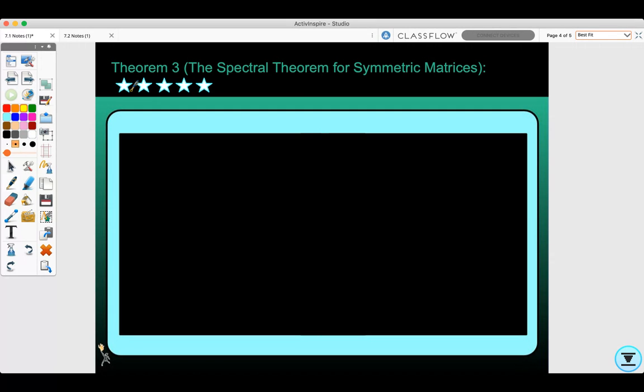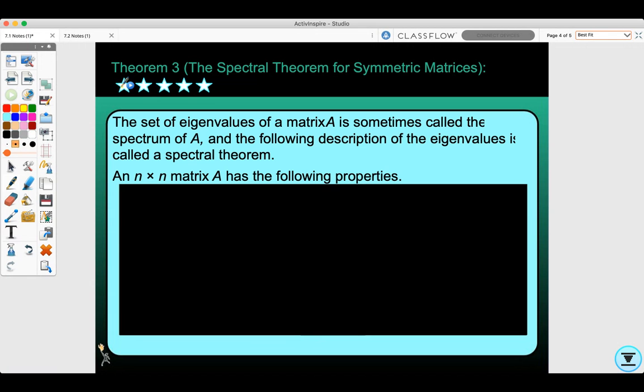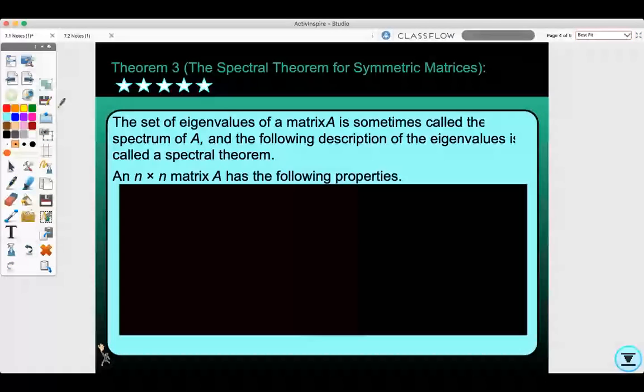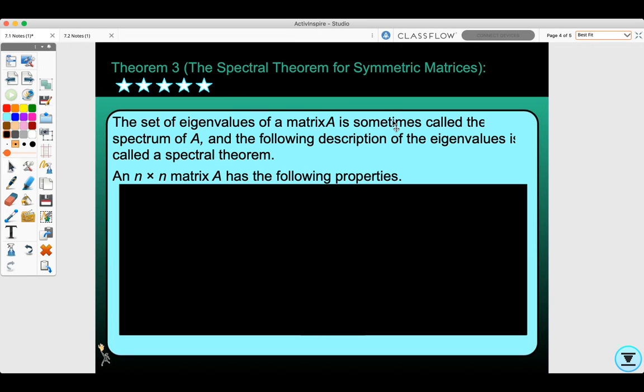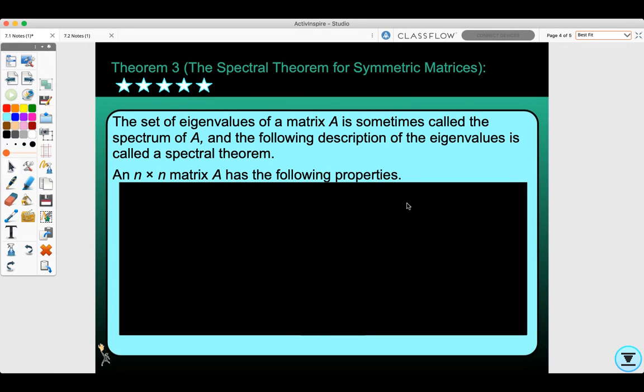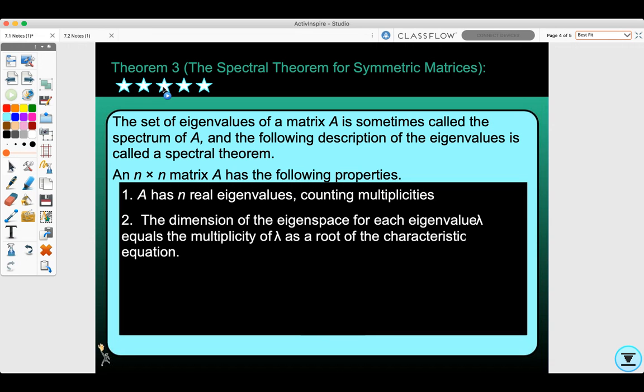Theorem 3, the spectral theorem for symmetric matrices. The set of eigenvalues of a matrix A is sometimes called the spectrum of A, and the following description of the eigenvalues is called the spectral theorem. An n by n symmetric matrix A has the following properties. 1. A has n real eigenvalues, counting multiplicities. 2.